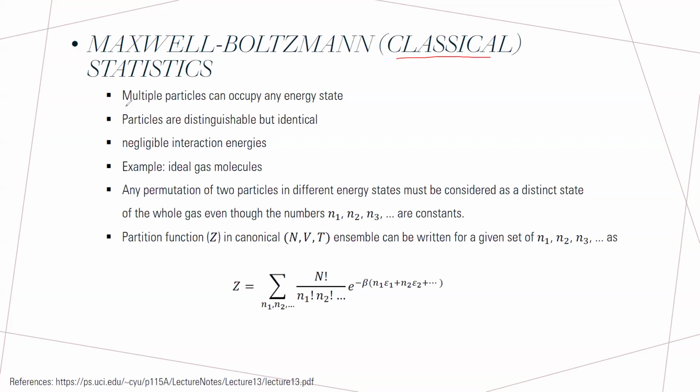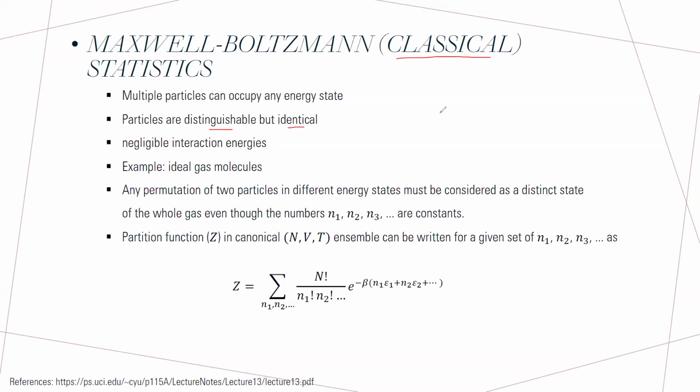In this, we consider multiple particles, and these particles can occupy any energy state. The particles are distinguishable but identical. What does it mean?